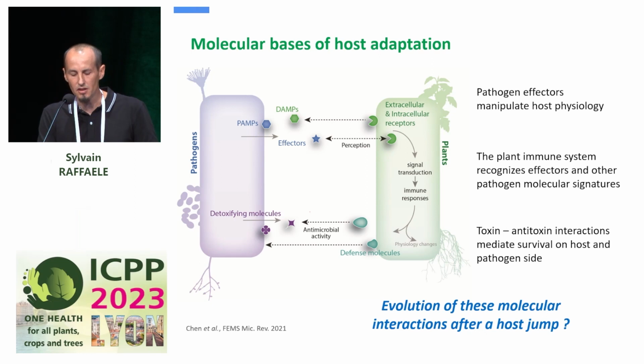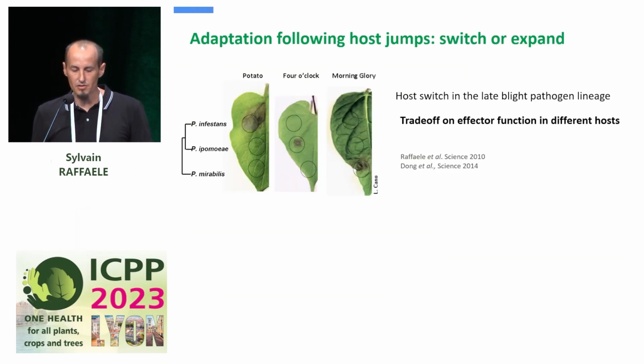Broadly speaking, we can distinguish two major trajectories. On the one hand, you have host switching, which is the situation where closely related species of pathogens are able to infect specifically different plants, but they don't cross-infect.